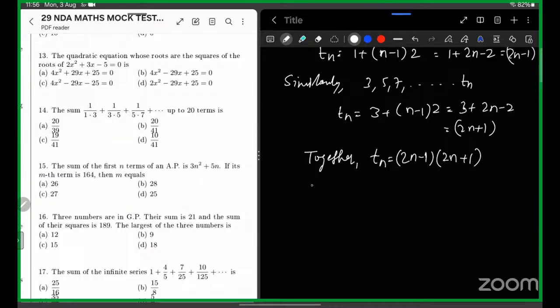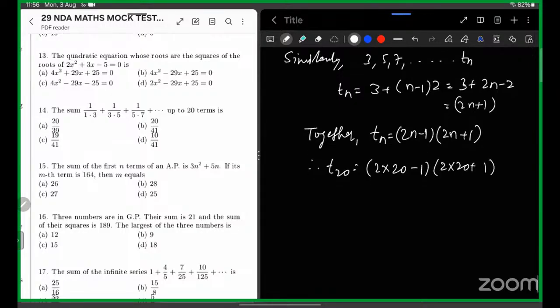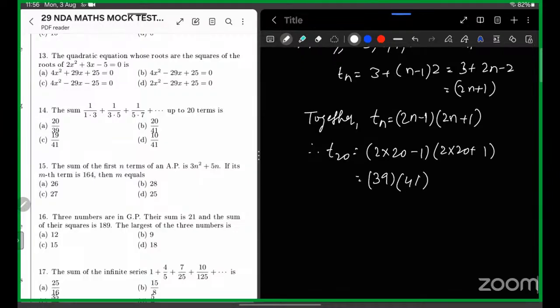Now they are asking for the T20 term. Therefore, T20, just put the value of n as 20. You are going to get 2 into 20 minus 1, 2 into 20 plus 1. So it is equal to 40 minus 1, that is 39, and this is 41.